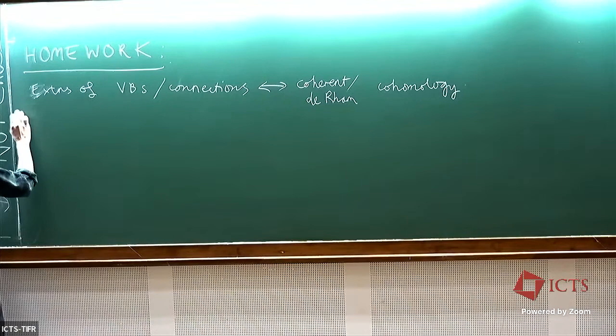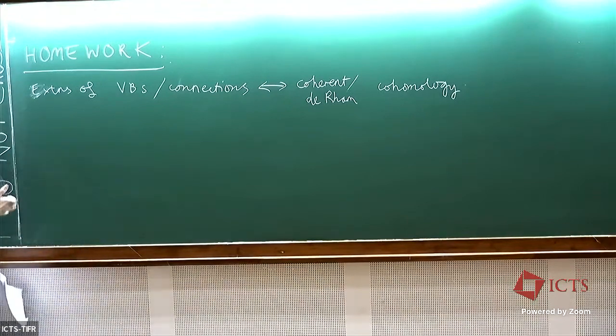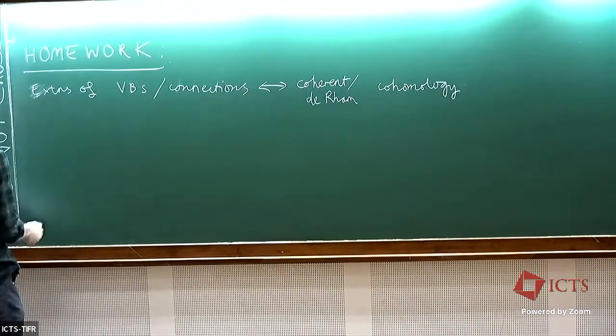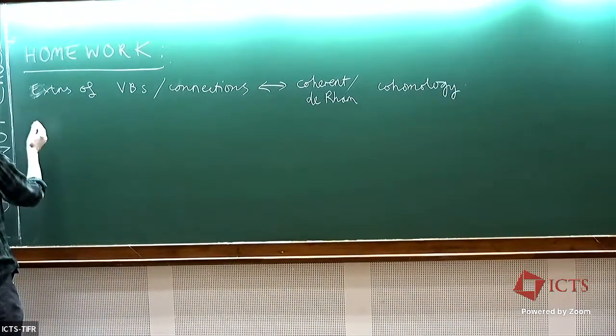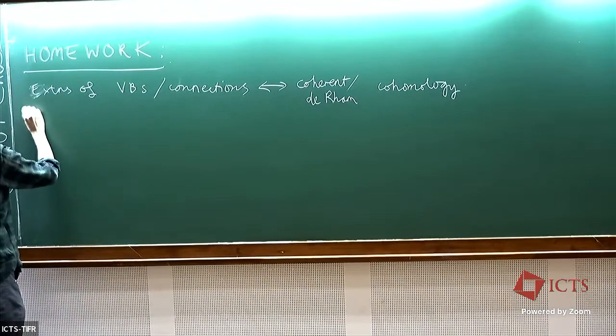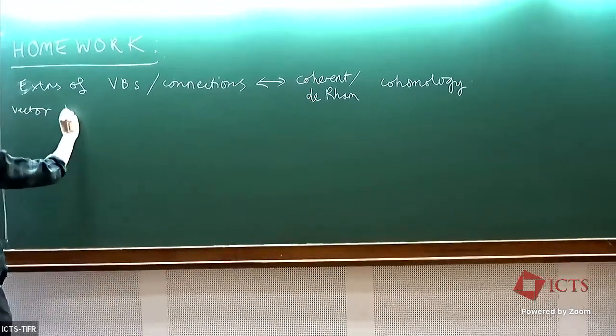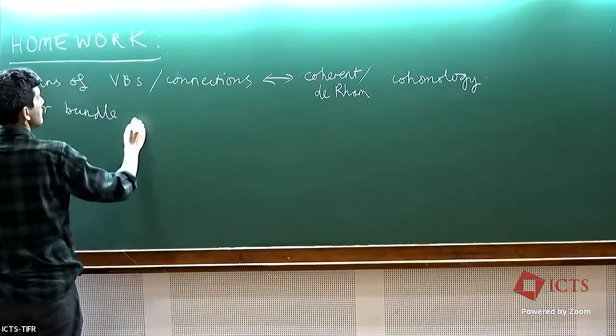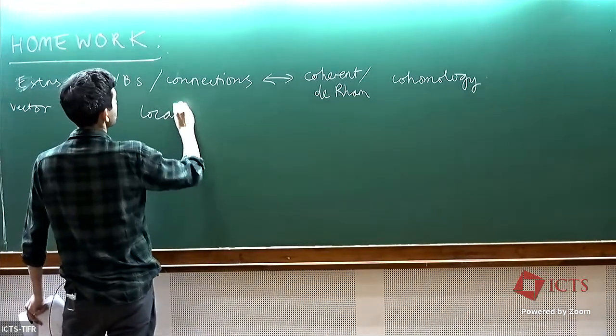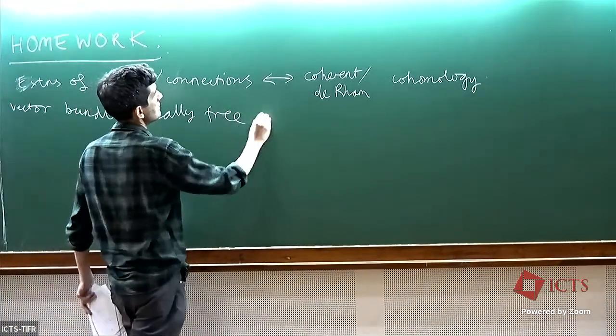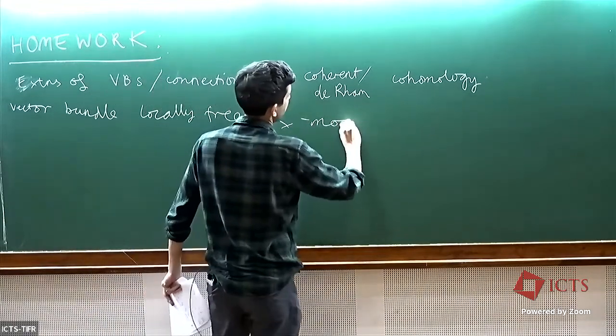So, how does this work? Well, I said that you can do this using charts and Čech cocycles. So, what is a vector bundle? Remember, a vector bundle V is a locally free O_X module.